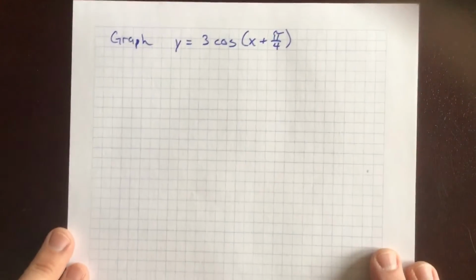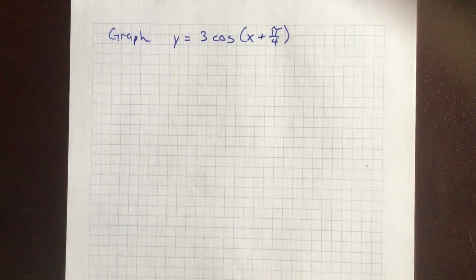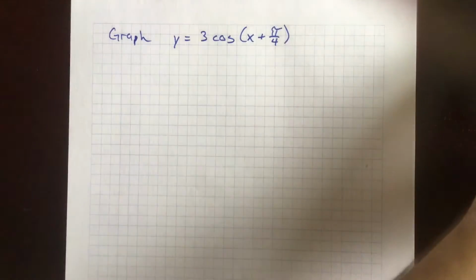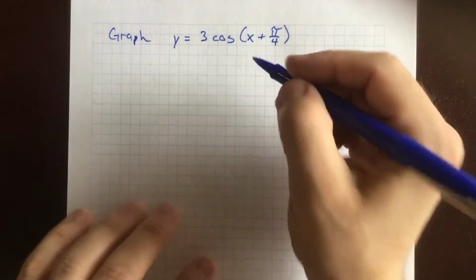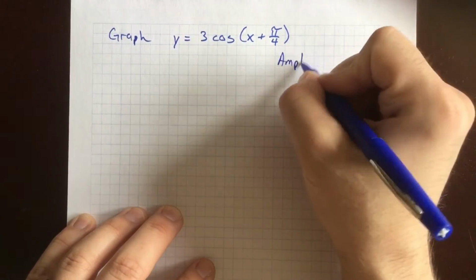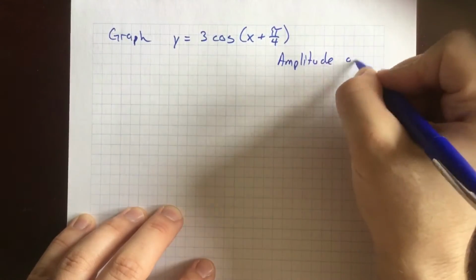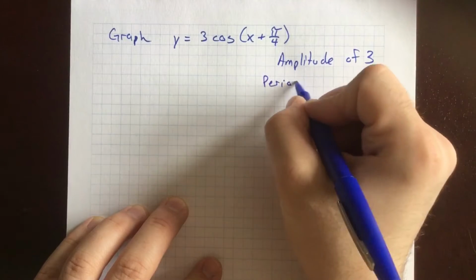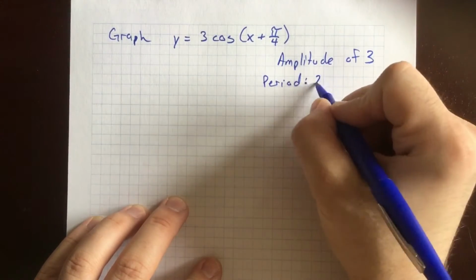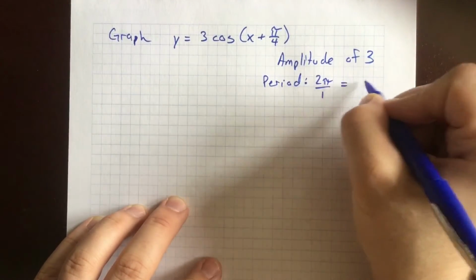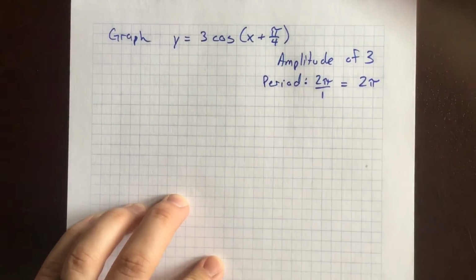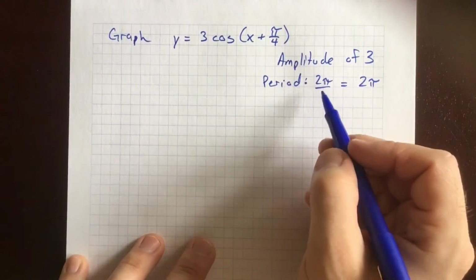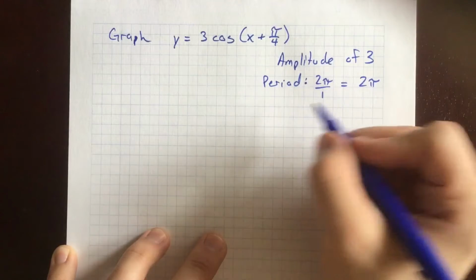Let's look at another example. What if we have y equals 3 cosine of x plus pi over 4? In this one, we can quickly notice that our amplitude is 3. We have a period of 2 pi over 1, or just 2 pi, which is good. So now we're looking at x plus pi over 4.